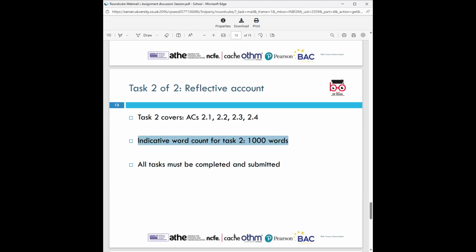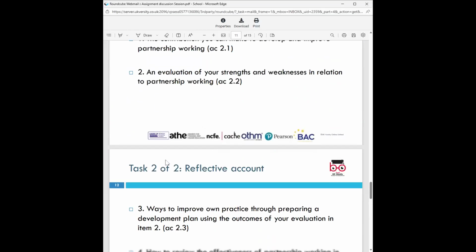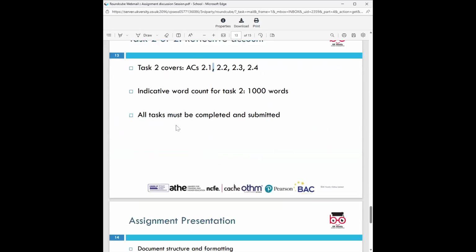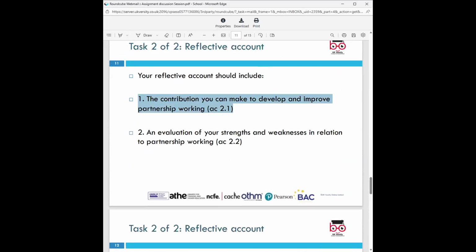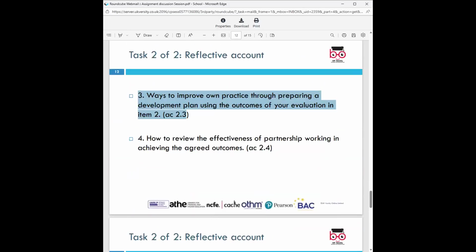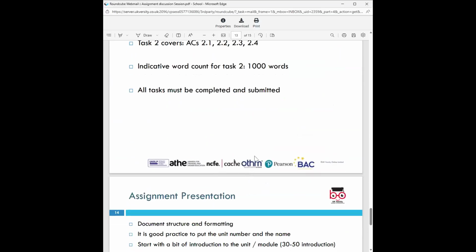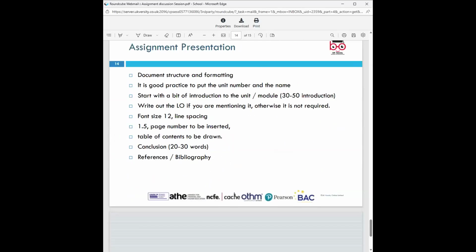Because there are 4 parts to task 2, I would do 250 words for each one: 250, 250, 250, and 250. Make sure you don't go too much over. You have 10% flexibility, but don't go too much over.